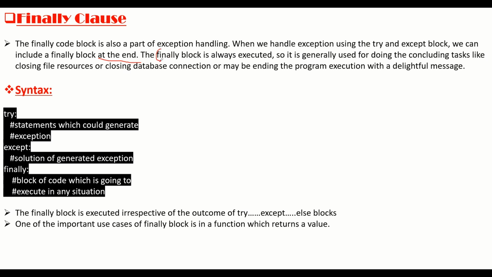So everyone, it is very important to remember that the finally block is always executed. This is the advantage of the finally block. It is generally used for doing concluding tasks like closing file resources, closing a database connection, or maybe ending the program execution with a delightful message.